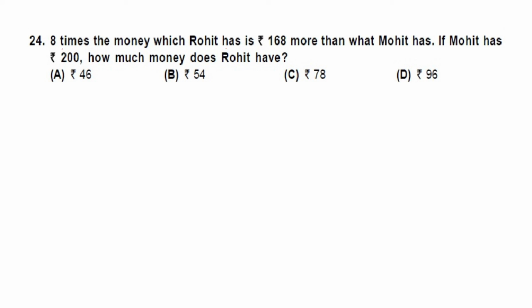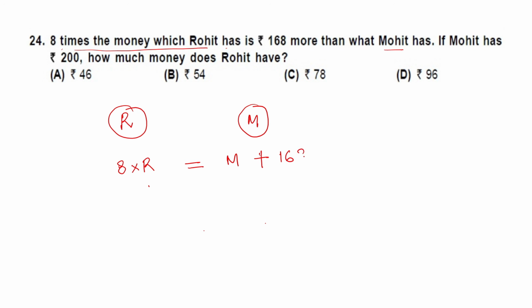Now, 8 times the money which Rohit has. So first, let's say Rohit has R rupees and Mohit has M rupees. Now this reads 8 times the money which Rohit has, which is 8 times Rohit's money, is 168 more than Mohit. That means this is equal to what Mohit has plus 168. So this is our equation.